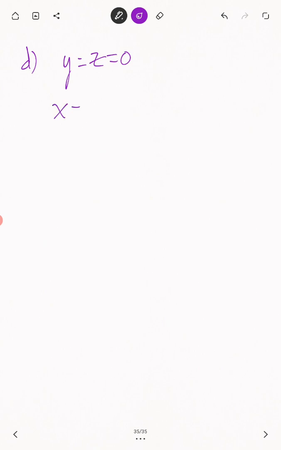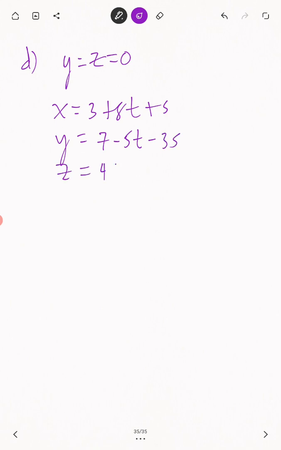So x equals 3 plus 8t plus s, y equals 7 minus 5t minus 3s, and z equals 4t minus 2s, just to remind you of the parametric equations for the plane.